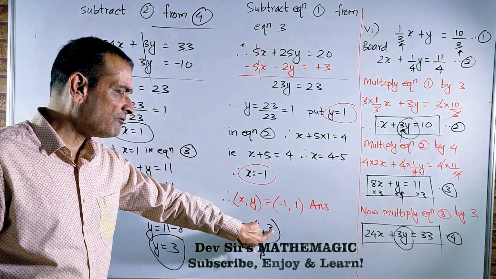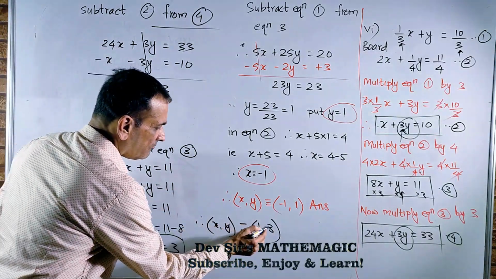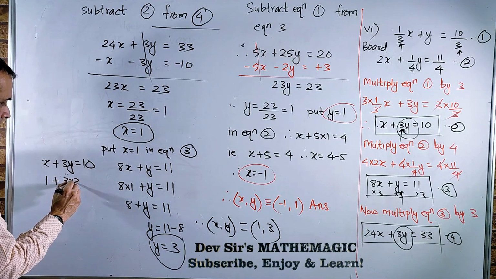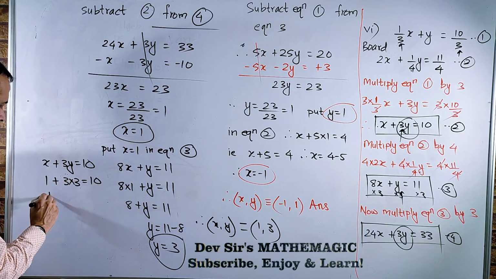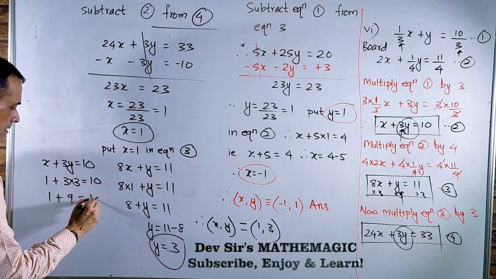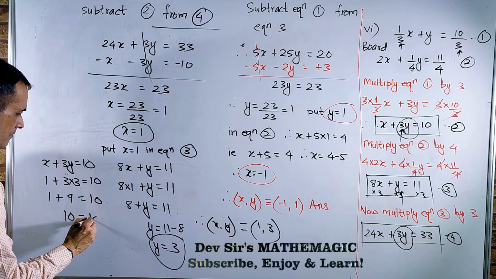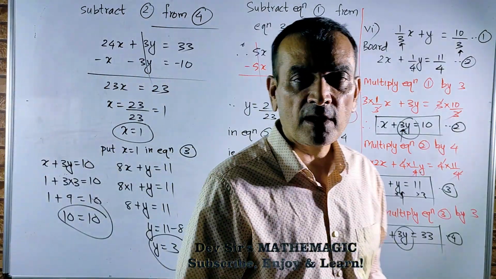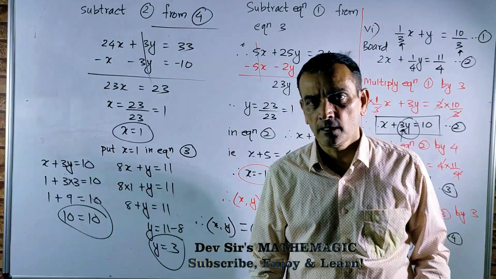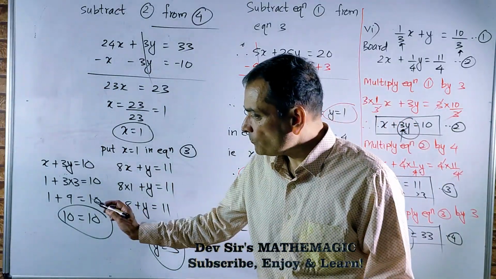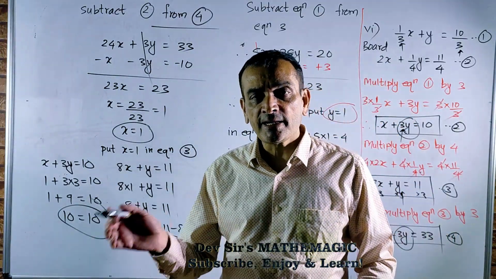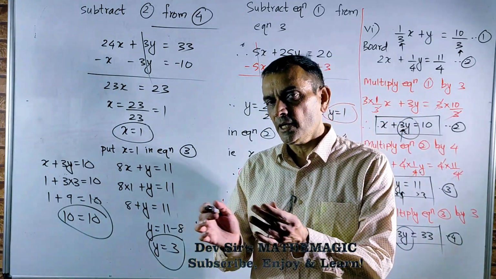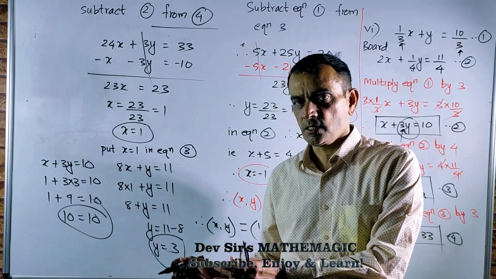Put x equal to 1, y equal to 3. Verified. LHS equal to RHS यानी verify हो गया that the answer is correct. इसको बोलते हैं the values of x and y satisfy that equation. Satisfy that equation means LHS equal to RHS.